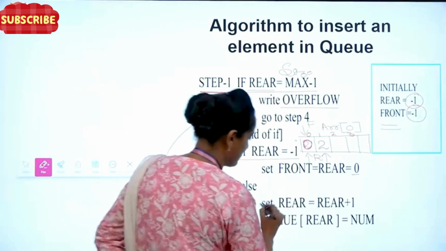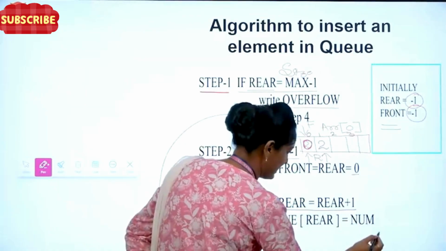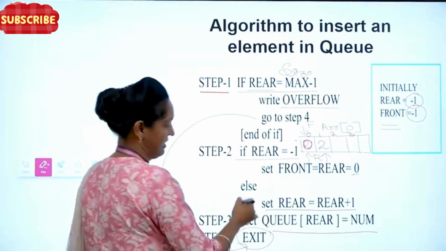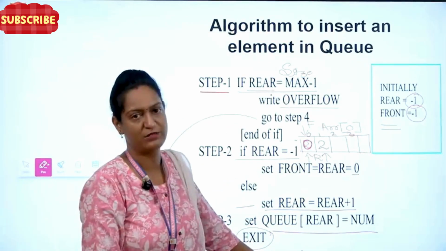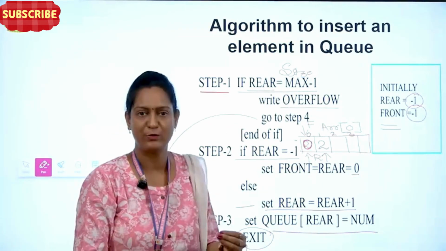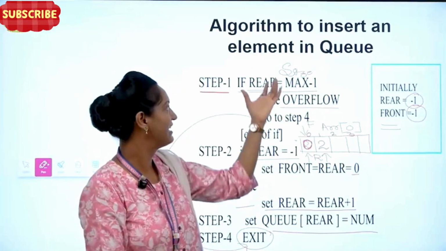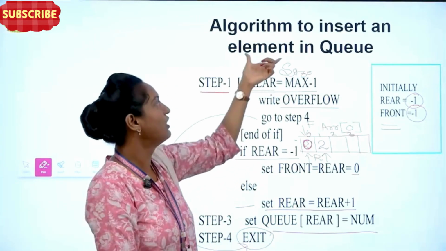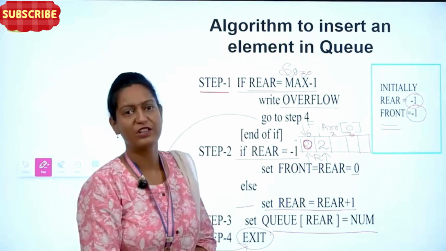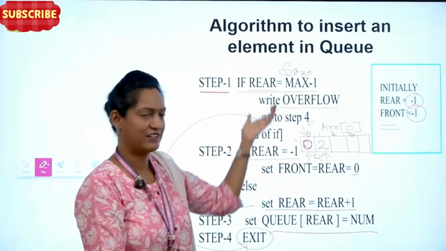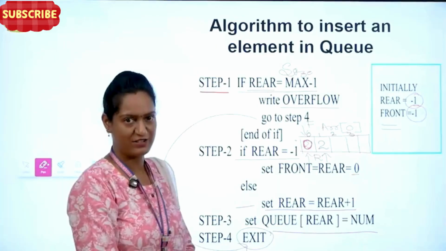This point is also clear to you, and then we will put the number and after that exit. So this is an algorithm for entering an element via a function known as Enqueue using arrays, right? I hope this is clear to you.